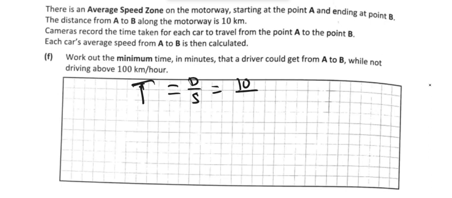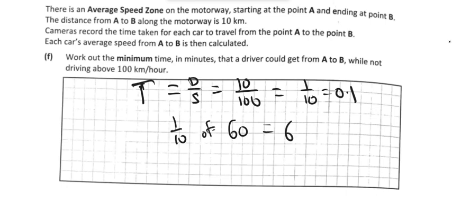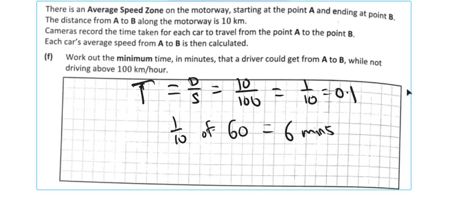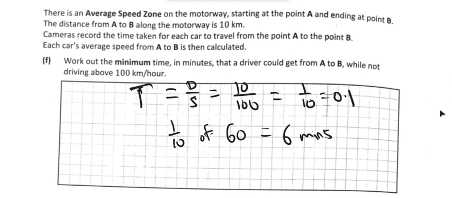You wouldn't be allowed to go any higher, but you wouldn't be going any lower because we want the minimum time. So it's 10 over 100, and that's a tenth or 0.1, so 1/10 of an hour, which is 6 minutes. I'm just converting it into minutes, and that's it.